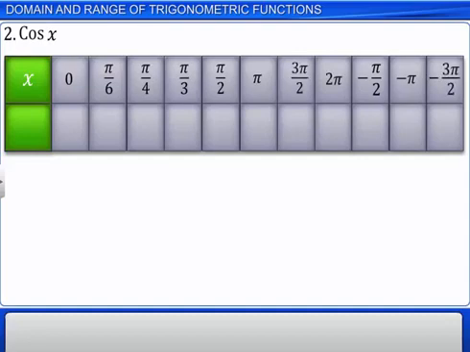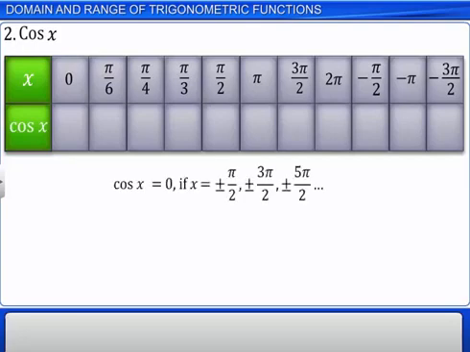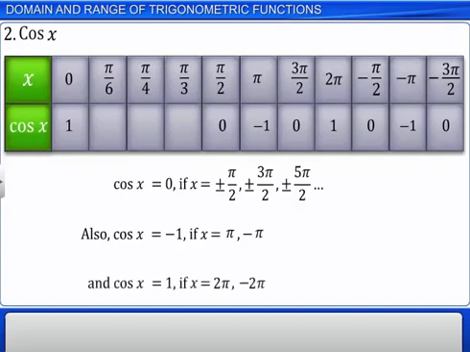We know that the value of cos x is 0 if x is equal to plus or minus pi by 2, plus or minus 3 pi by 2, and so on. Also, the value of cos x is minus 1 if x is equal to pi and minus pi, and 1 if x is equal to 2 pi and minus 2 pi.